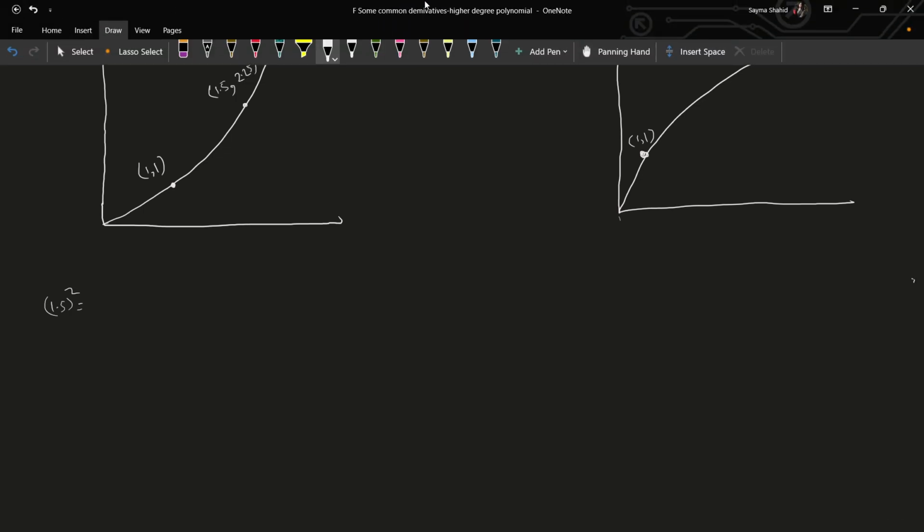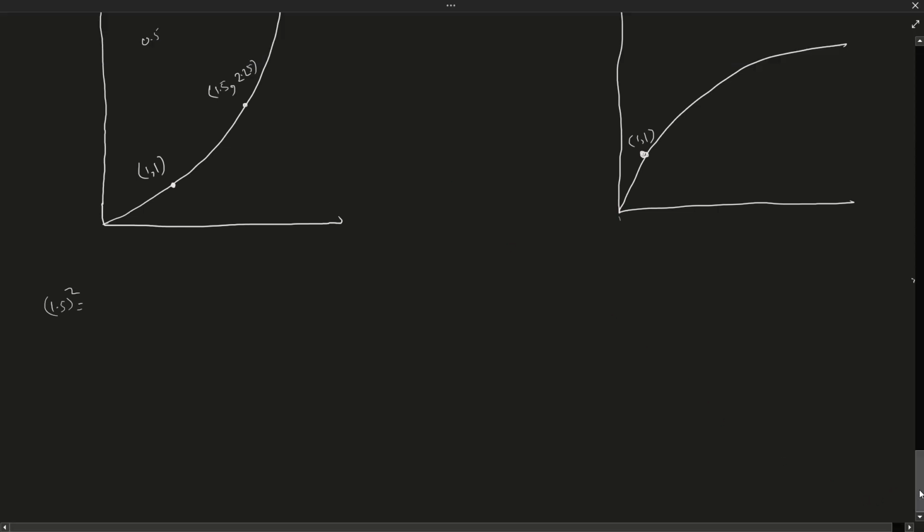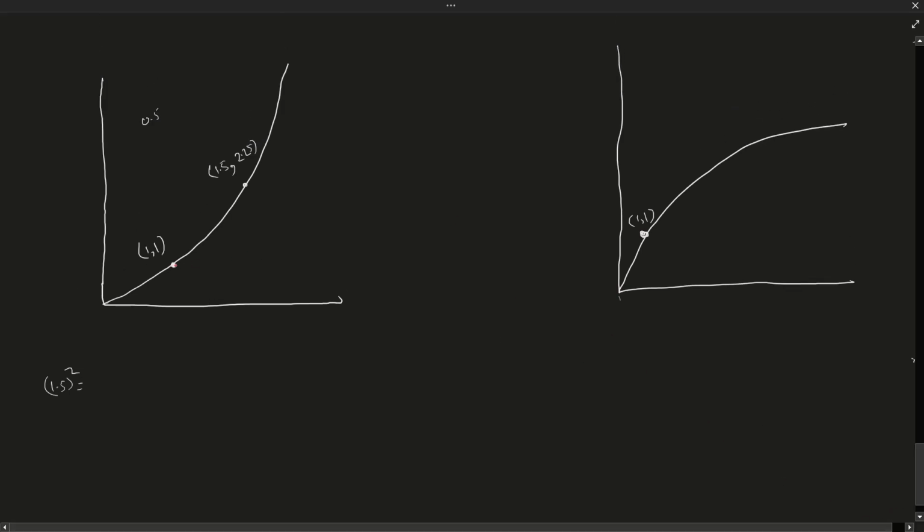So this is our horizontal, which is del x here, and this will be our del y, which is vertical. And here it's just the inverse, like 2.25 comma 1.5.